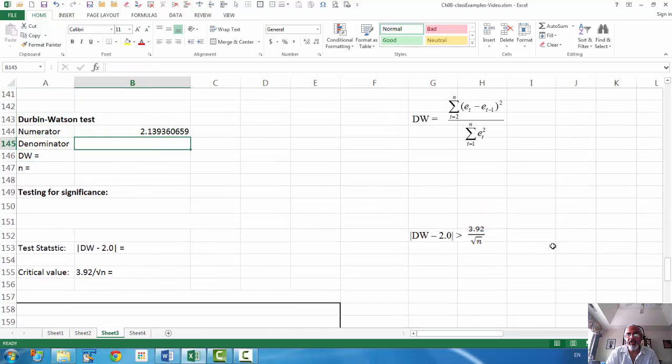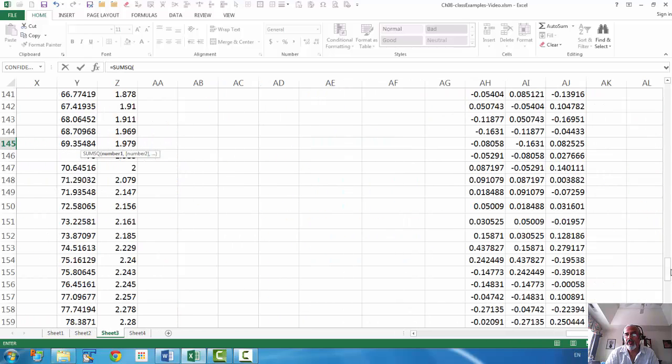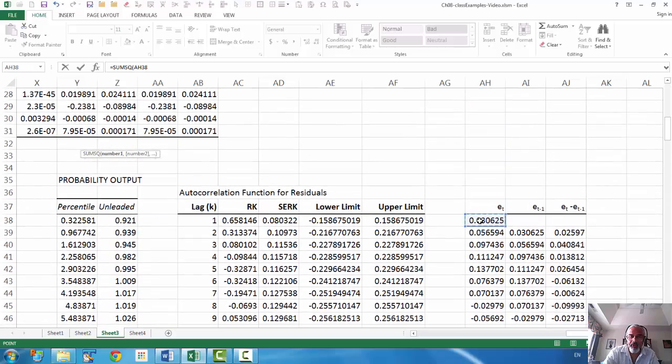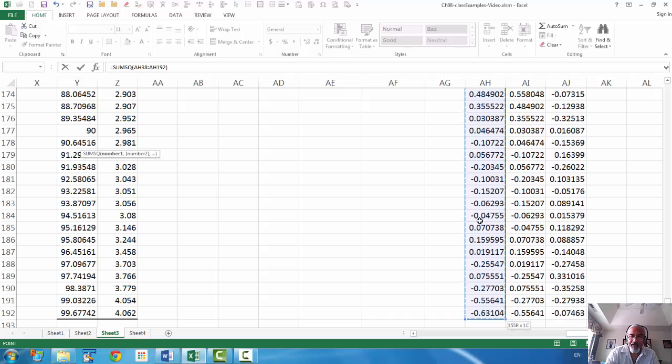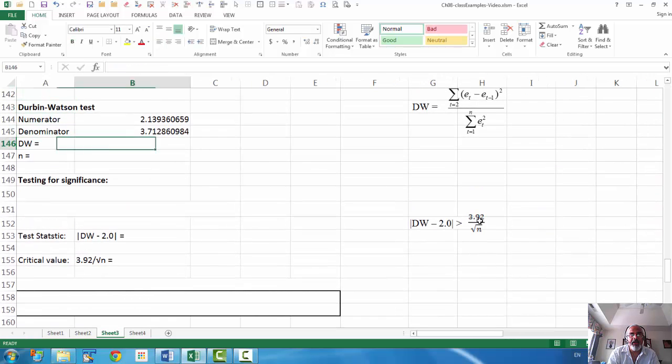The denominator is the sum from t equal to 1 to n of the squares of the errors themselves, so this column starting from t equal to 1. Now we have the numerator and the denominator, so we find the ratio, and that is our DW.